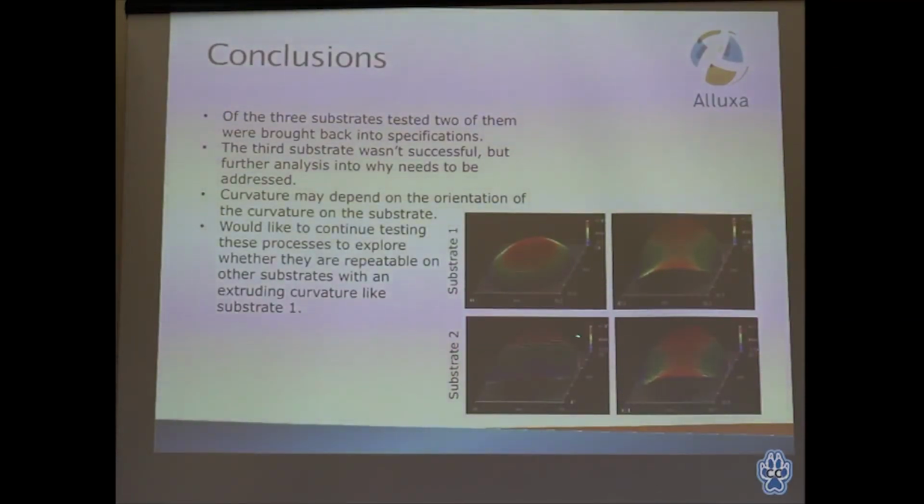But unfortunately, during the time when I was doing this research, I only had 3 substrates to work with, and one of the 3 was different than the other 2. So I would like to continue doing that, but then I would also like to be able to look at methods into bringing this type of curvature into spec for customers in the future.